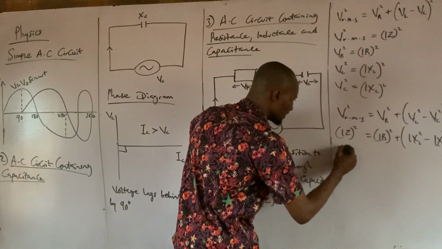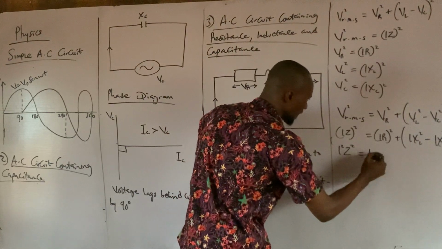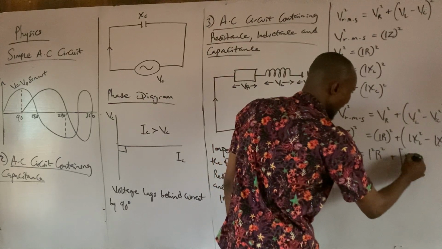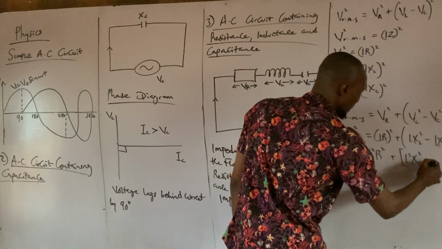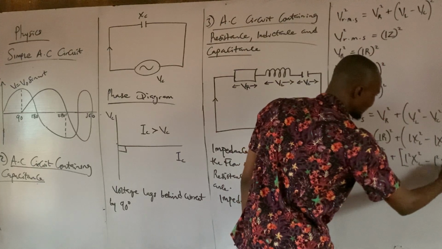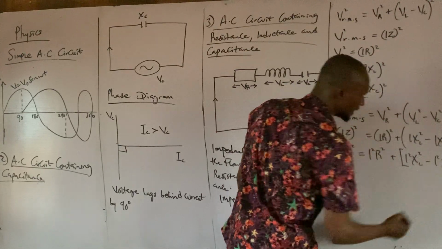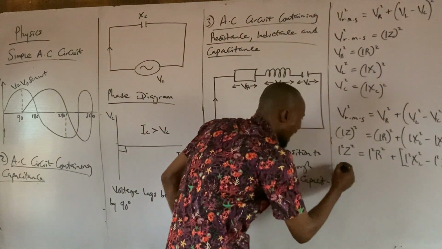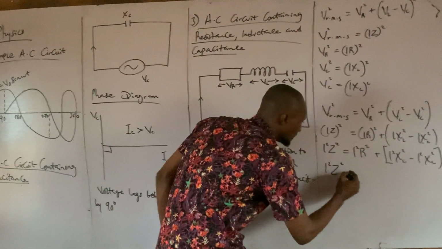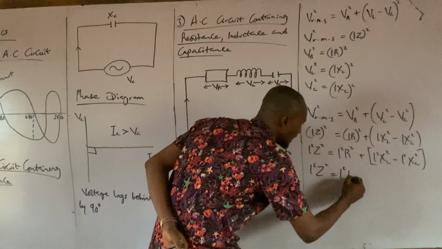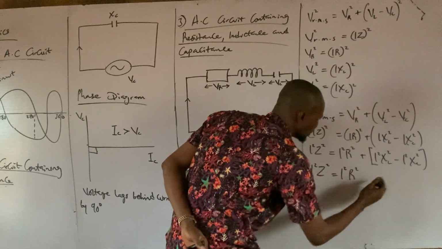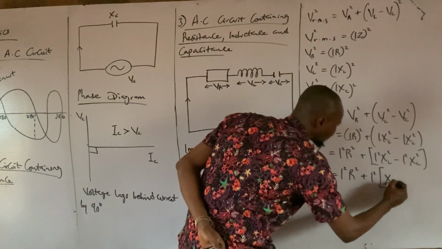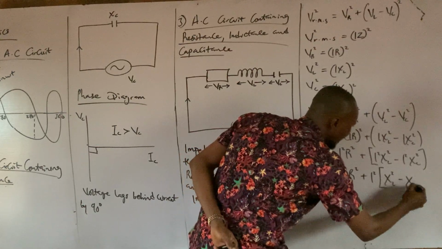Now, this is I squared Z squared equal to I squared R squared plus bracket I squared XL squared minus I squared XC squared. Are you following now? Now, I squared Z squared is equal to I squared R squared. The common factor here is what? Plus I squared, in brackets, XL squared minus XC squared.